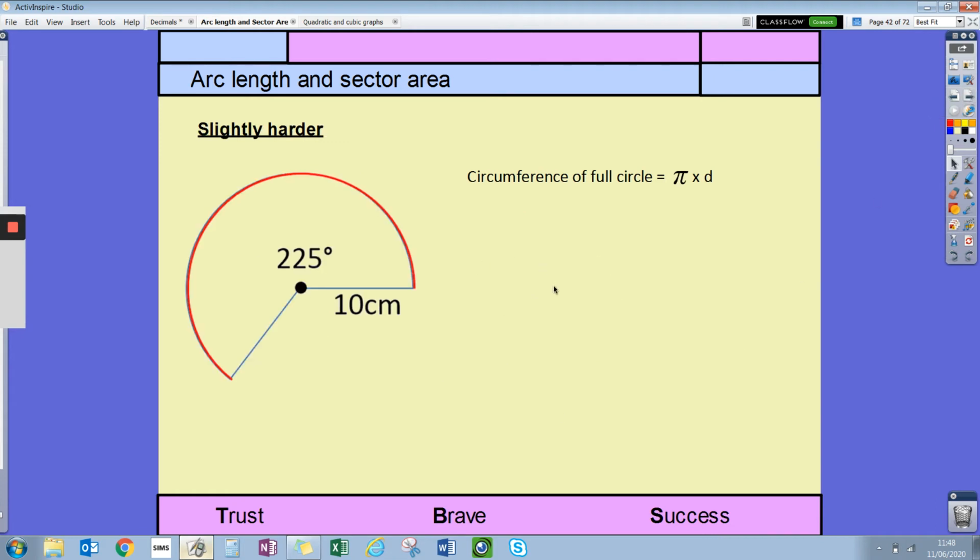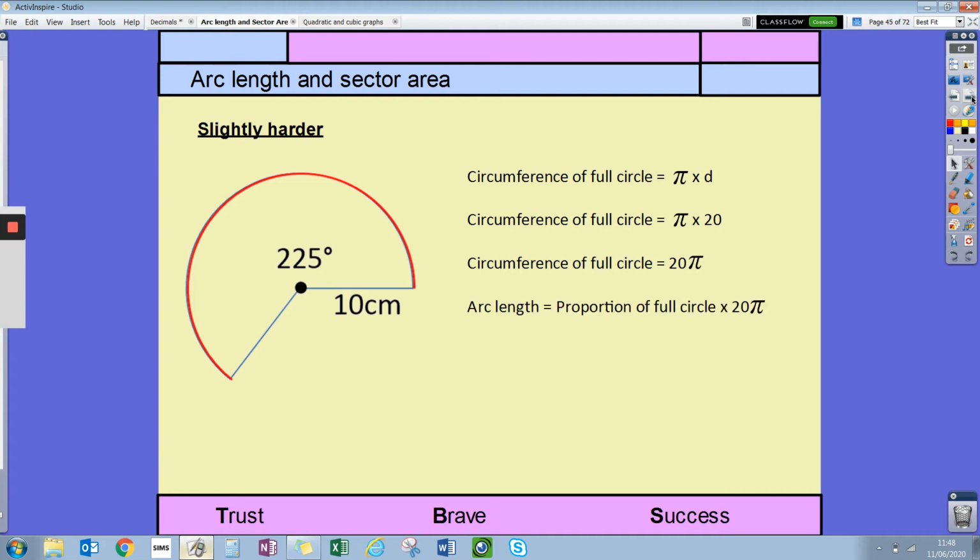We're then going to use what we learned to apply this to a slightly higher example. Again, we're going to do what we did before, calculate the circumference of the circle, which is pi times the diameter, all the way across, pi times 20. And then, because we're looking for the proportion of the full circle, we're going to do the proportion of the full circle multiplied by 20 pi.